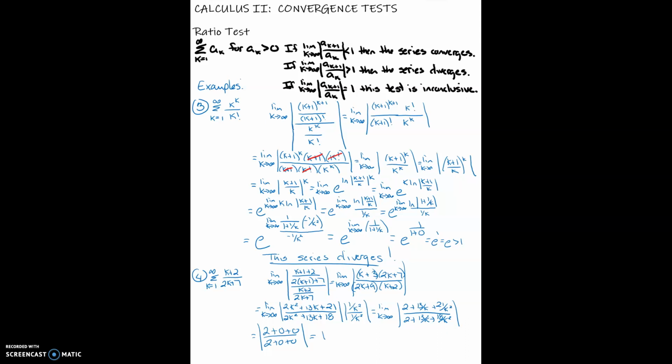Which I was really liking for a bit, but no. If it's equal to 1, this test is inconclusive. So this test did me no good. However, there are other tests.